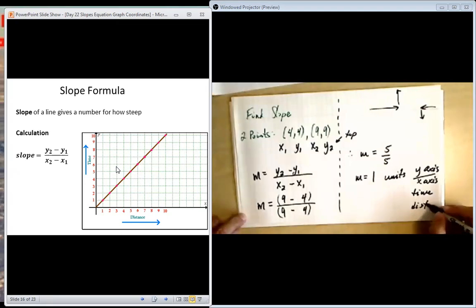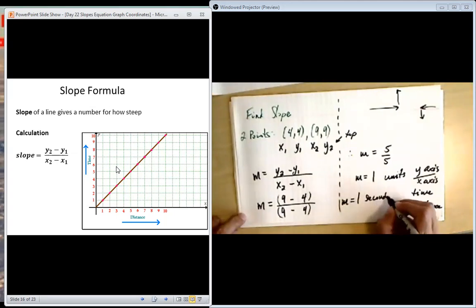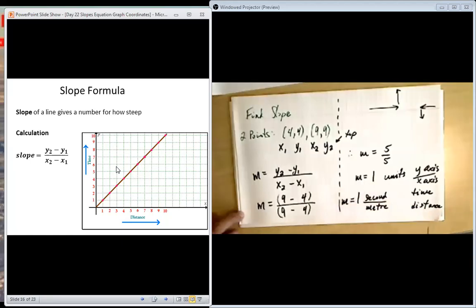So just for free, I'll tell you that from physics class, when it's time, it's usually seconds, and when it's distance, it's usually meters. So a good looking final answer like this would be 1 second per meter. That would include the units for this particular graph, as well as the slope, the number that we're calculating there.